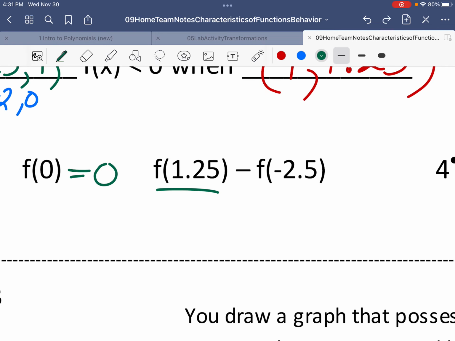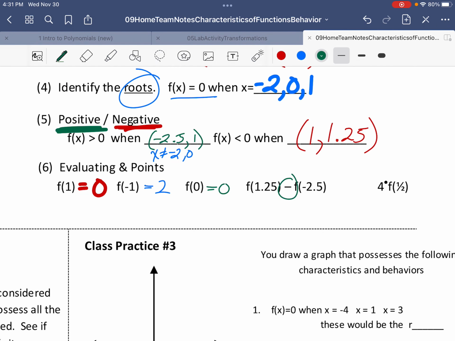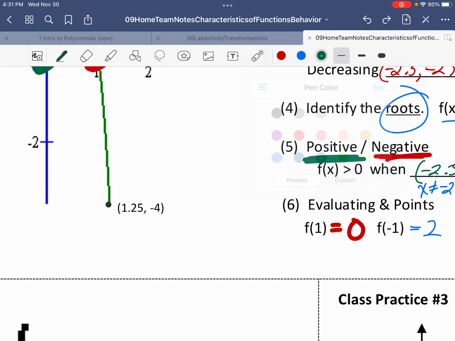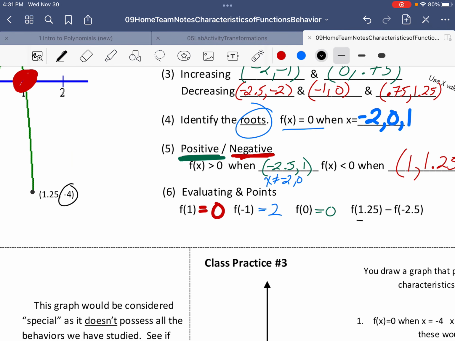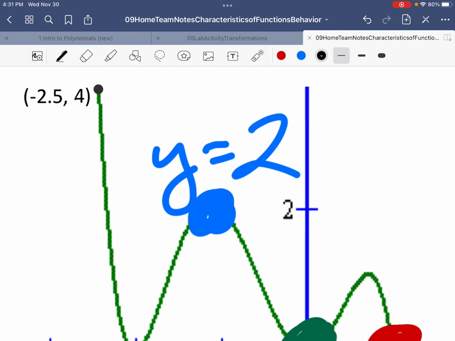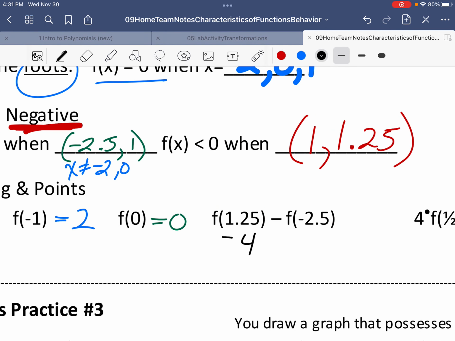Well, it simply means that I want to just find different y values, and then apparently I'm going to subtract them. So I need the y value at 1.25. Now the y value at 1.25 is negative 4. I also need the y value at negative 2.5. Well, that y value is positive 4. So it looks like this problem is actually trying to get me to subtract negative 4 and 4, which comes out to be negative 8.